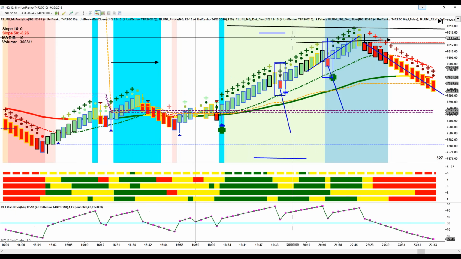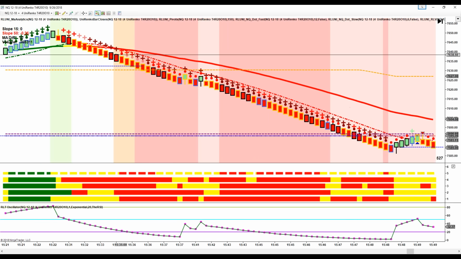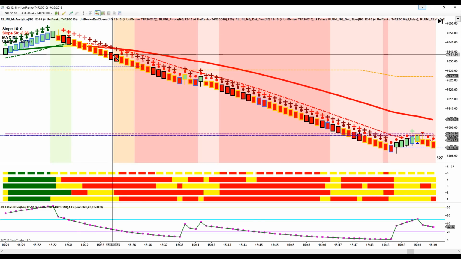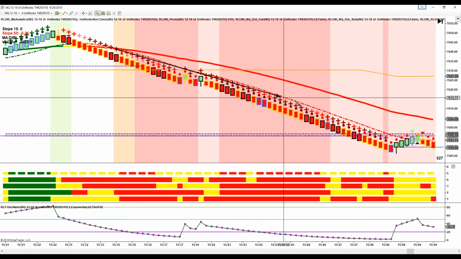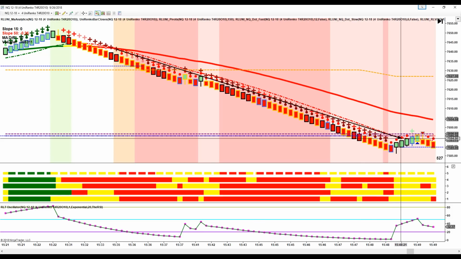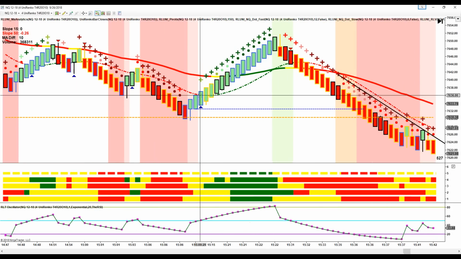So if you wait for this kind of setup here, where you get this change, this is where you're going to make all your money, right here. And this is what you have to do. And this you just have to trade with patience.